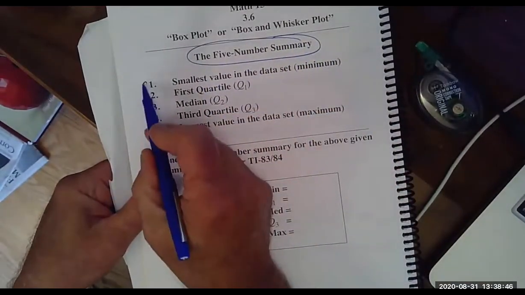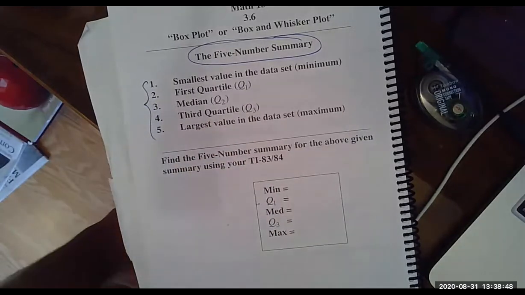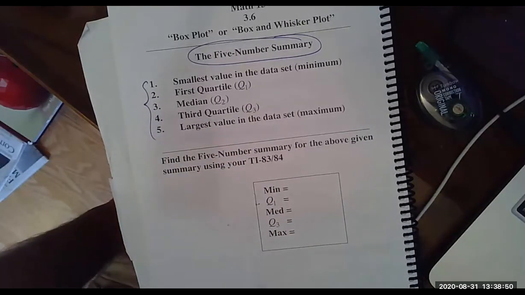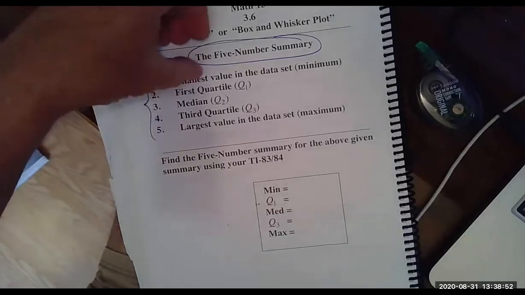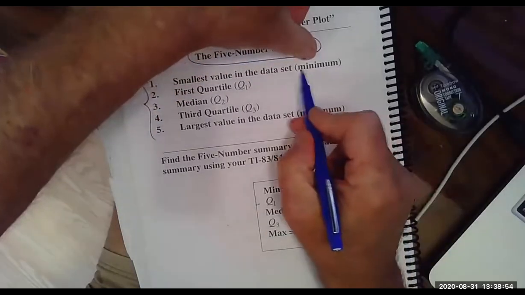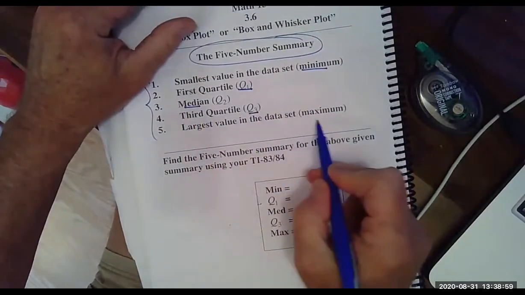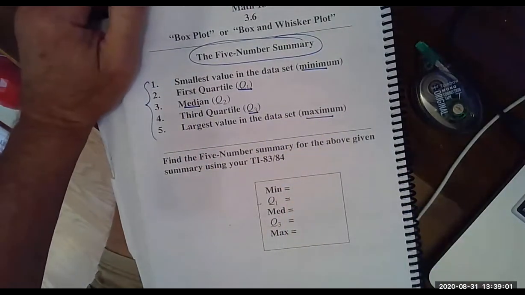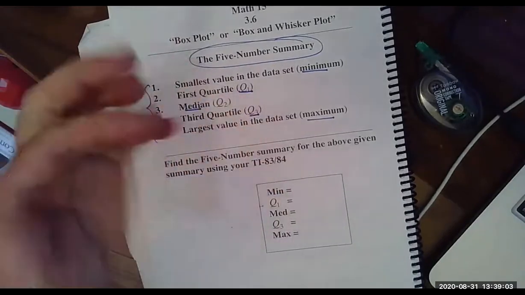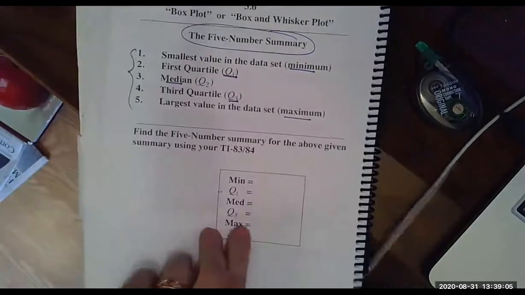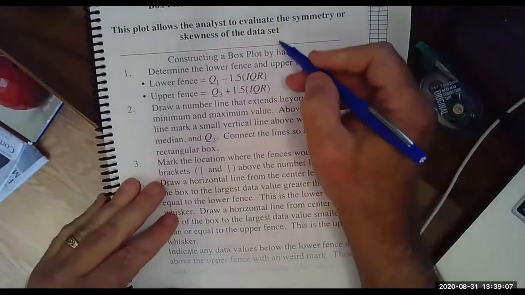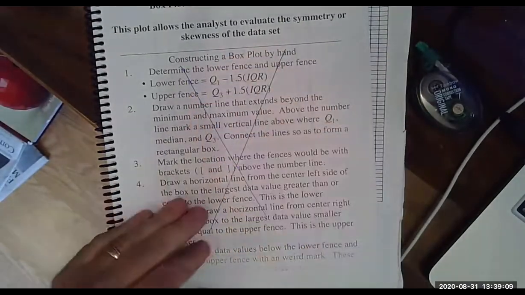It turns out it's the last 5 numbers in your calculator: the minimum, Q1, median, Q3, and the maximum. It comes right out of your calculator. And as for the other thing, don't do it, because we don't have time.